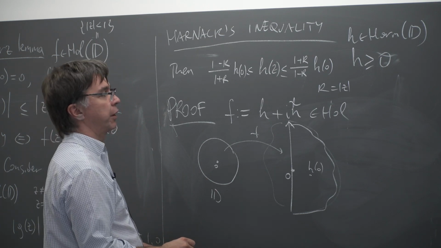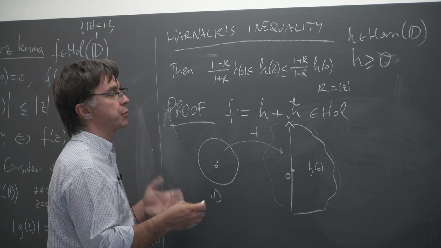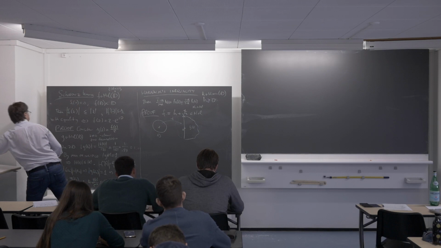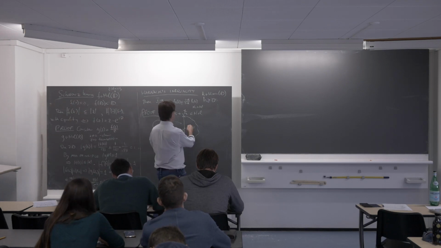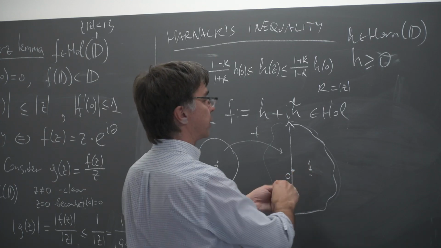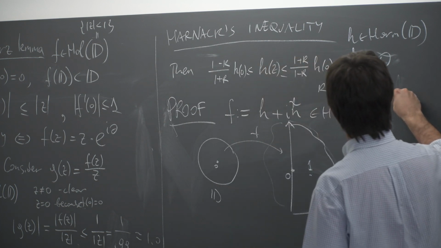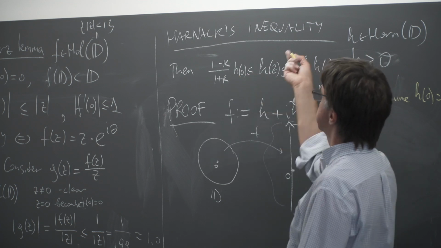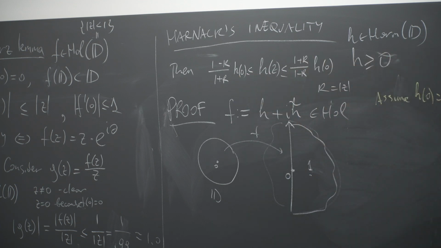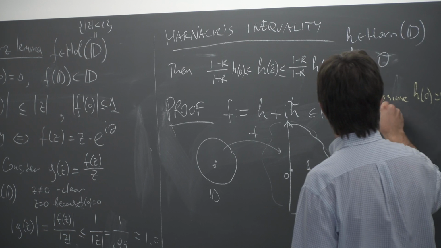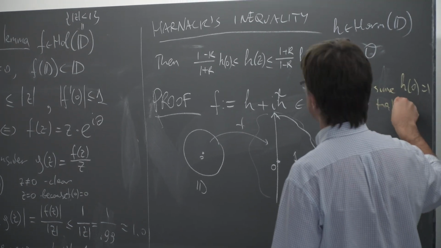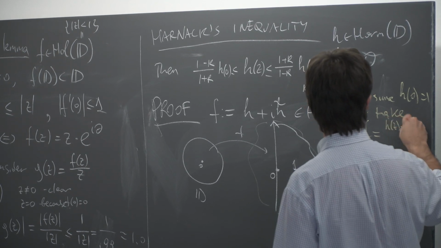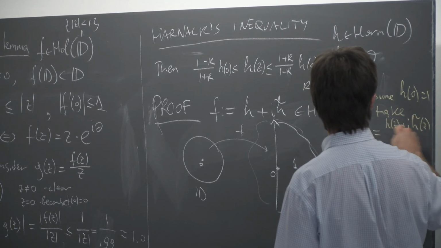Without loss of generality, assume that h(0) is equal to 1, just by dividing. So assume h(0) is equal to 1. The same inequality will be there, but without extra things. Or alternatively, one can take f to be h(z) plus i h tilde(z) divided by h(0).